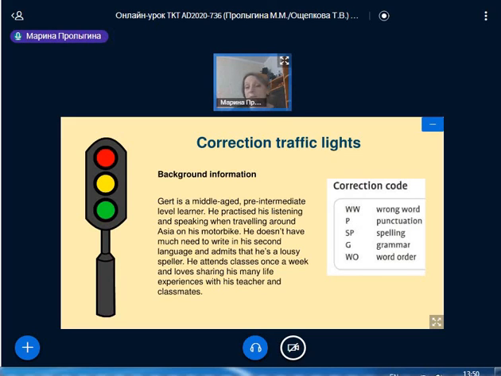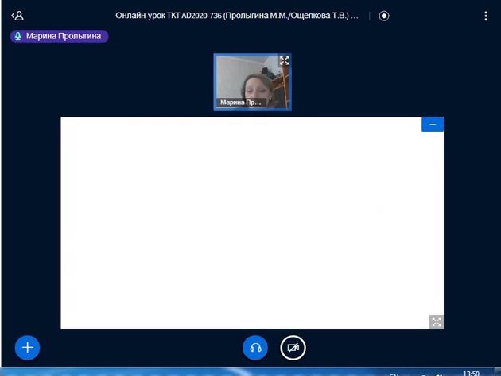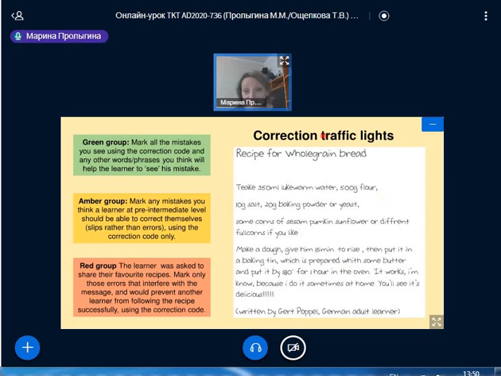And there you can also see the correction code. Nothing new: WW for wrong words, punctuation, spelling, grammar, word order, or maybe something else. Now we are going to try to correct his piece of writing, but we are going to work in 3 groups.